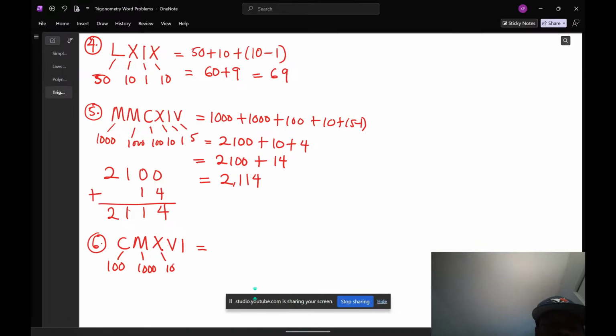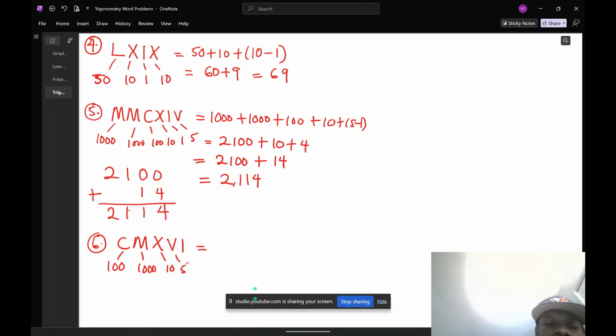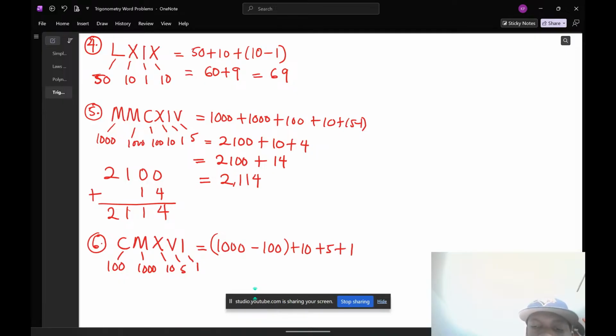X is 10. V is 5. I is 1. Okay. So that will be equals to 1000 minus 100, plus 10 plus 5 plus 1.